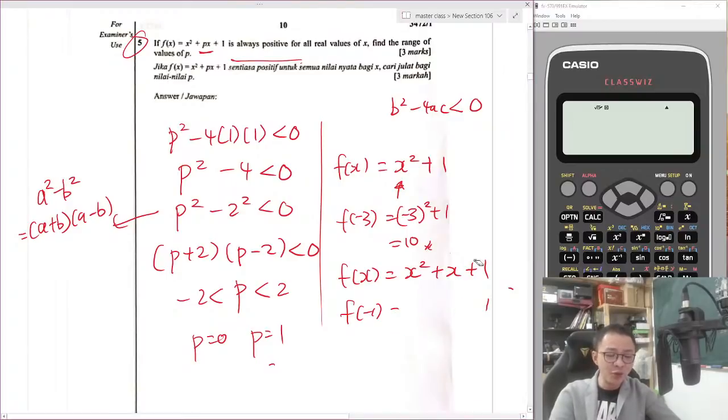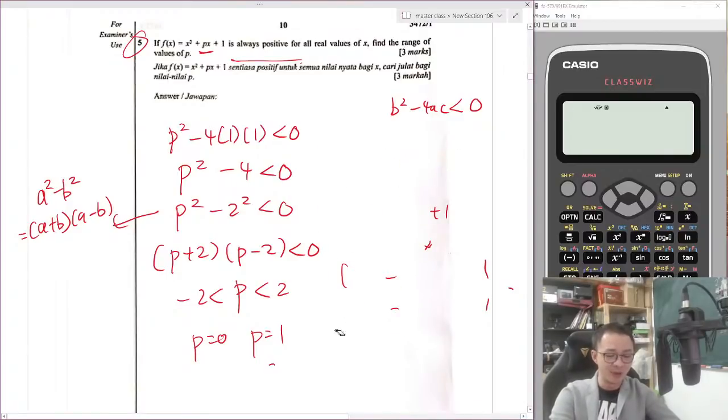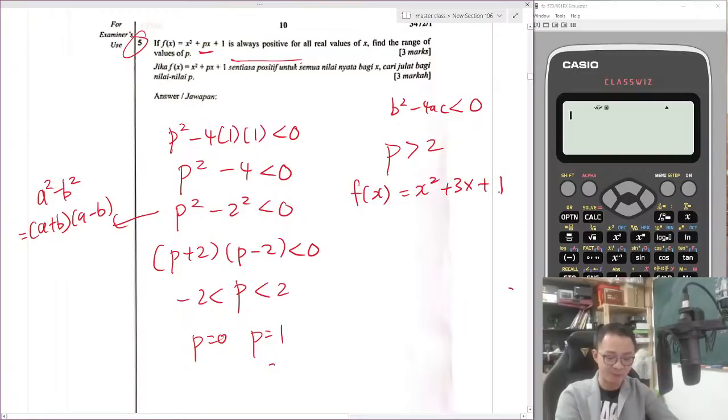But if we use the answer in the marking scheme, which says something like p must be bigger than 2, let's say I say p equals 3. Is it possible? Because it's bigger than 2, right? So I can say x squared plus 3x plus 1.